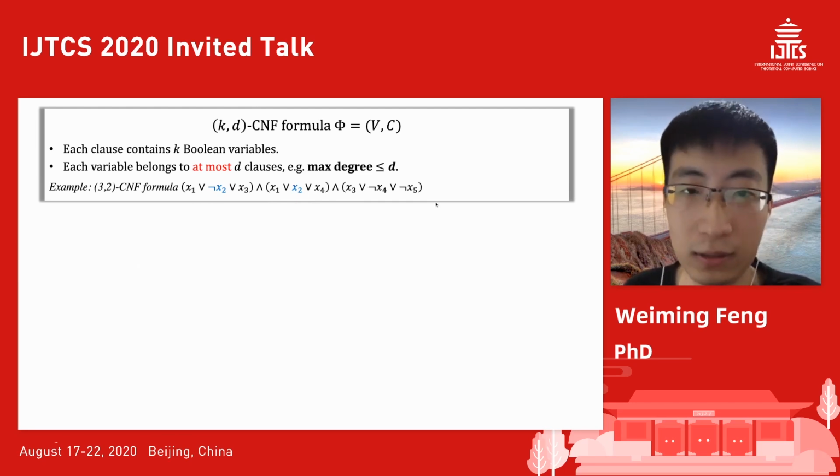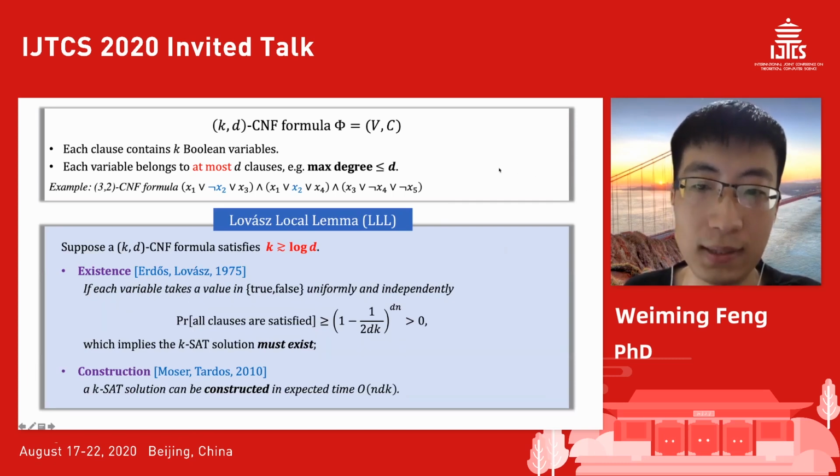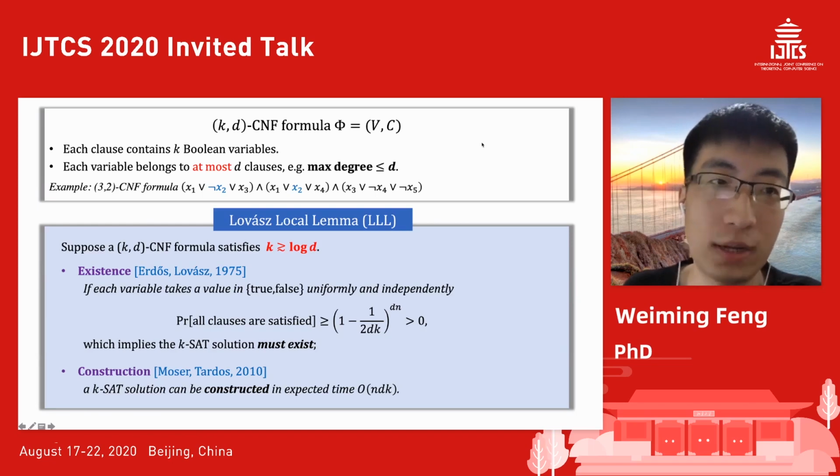By Lovász's local lemma, when k is roughly greater than log d, a SAT solution must exist. Erdős and Lovász proved that if each variable in V takes true or false uniformly and independently, then with positive probability, all the clauses are satisfied.